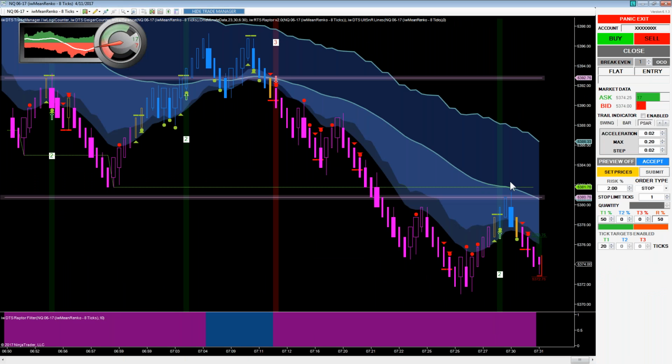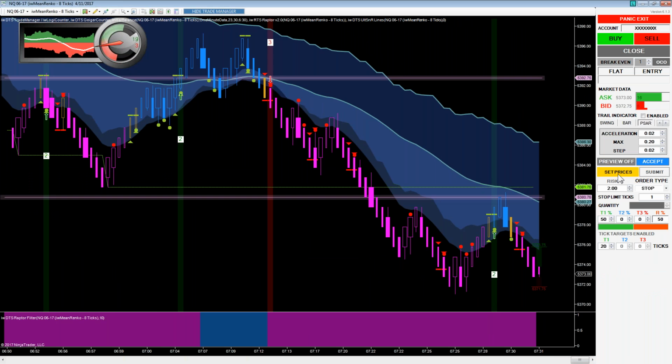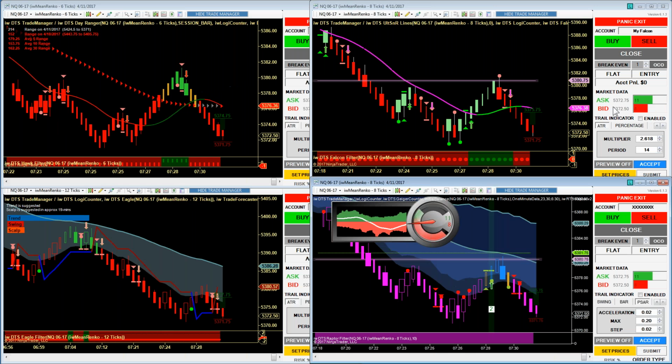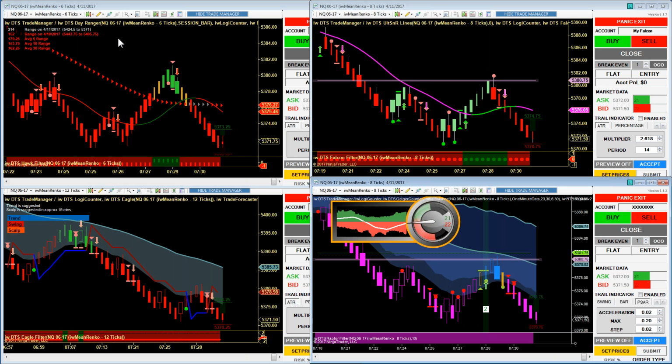It didn't encounter the hard edge exactly, but it is still a hard edge bounce to short. They're kind of running past me here this morning. We had a green bar sell signal here on the Hawk as well.